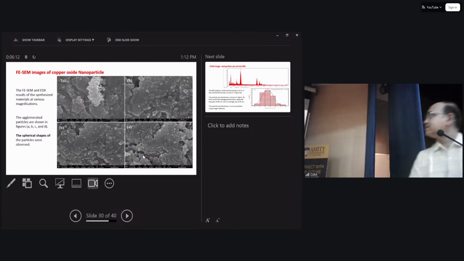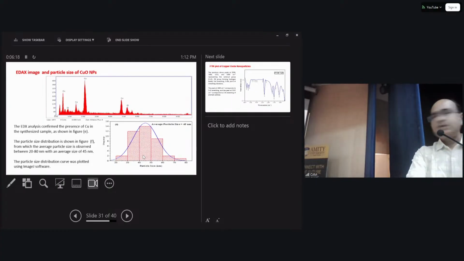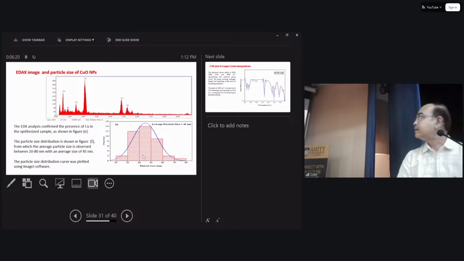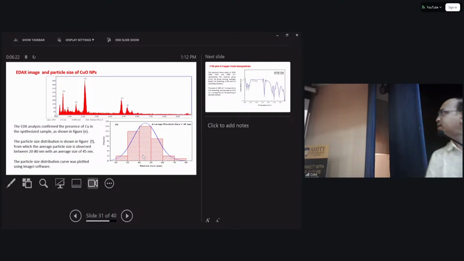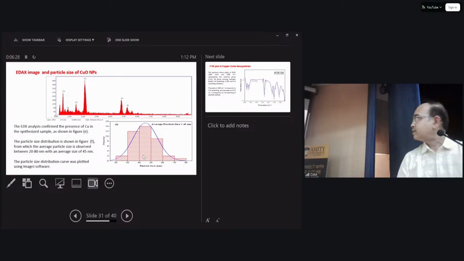FESEM images, you can again see they are agglomerated and spherical shape is there. With the help of SEM, again EDX analysis can be done, and with the help of ImageJ software, the particle size distribution can also be done. So again, it is clear that the presence of copper and oxygen is there, and average particle size is around 45 nanometer, and it is in between 20 to 80 nanometer.